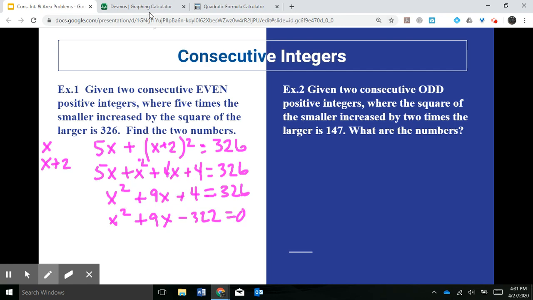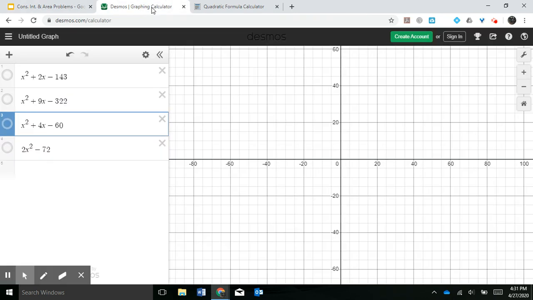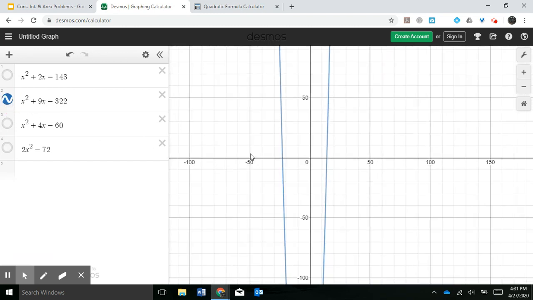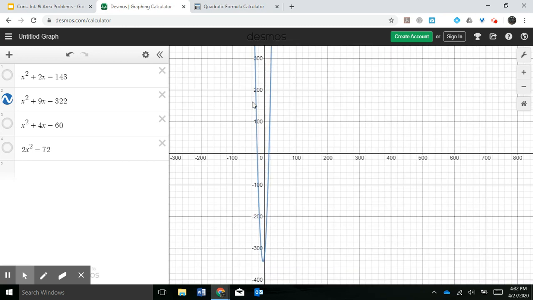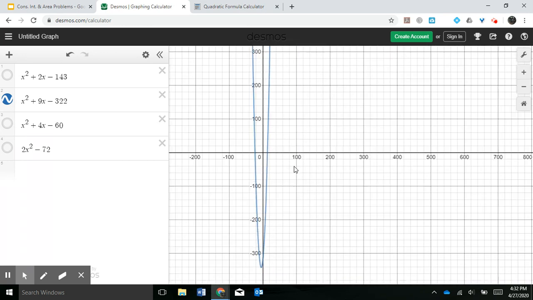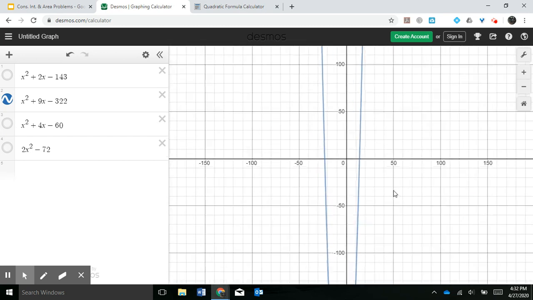So I'll go to Desmos, and I've already plugged them in, so it'll save a little bit of time, but here it is, x squared plus 9x minus 322. It's zoomed out, but there's my parabola going down and coming back up. What I'm looking for is the zeros.